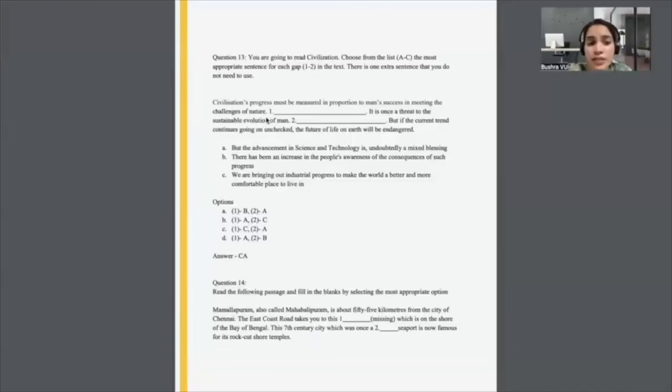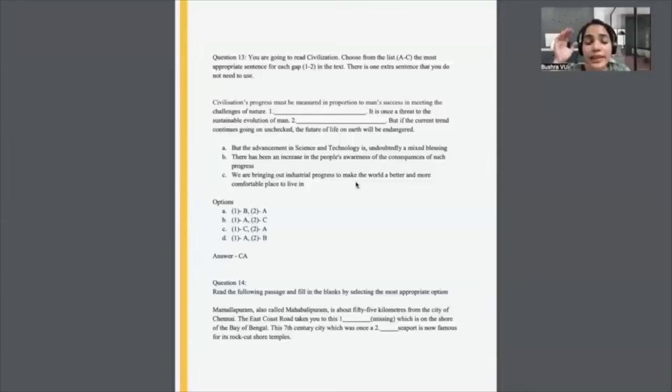So the first sentence, civilization's progress must be measured in proportion to man's success in meeting the challenges of nature. It is talking about civilization and progress. So the sentences that have a close correlation are: we are bringing industrial progress to make the world, because the first one is talking about progress. Now, if you look at the other sentence, it is also talking about progress.